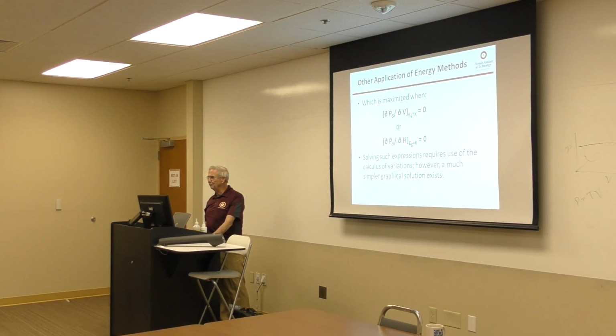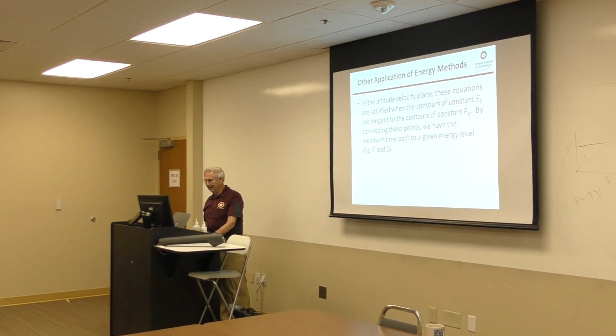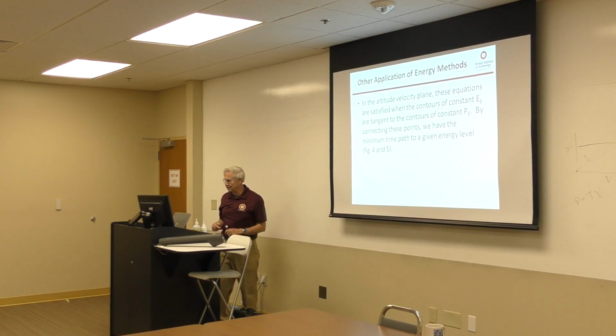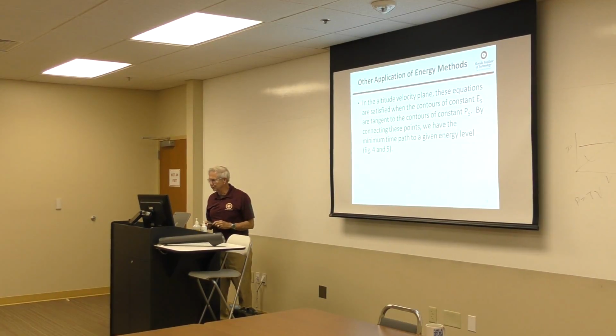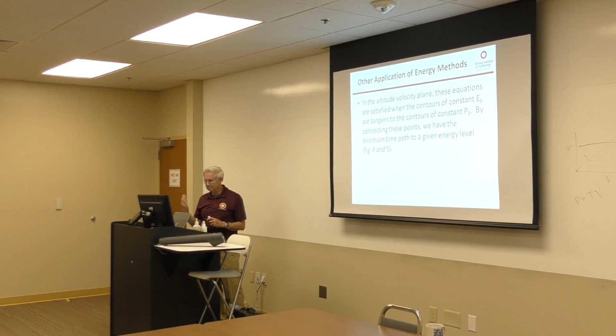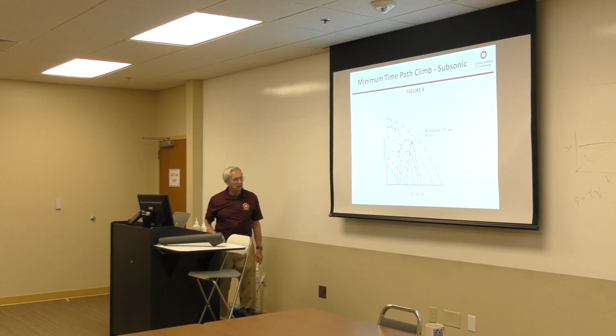Turns out there's a simpler method. In the altitude-velocity plane, those equations are satisfied when the contours of constant specific energy are tangent to the contours of constant specific power. And when we connect those points, we have the minimum time path to a given energy level, which we talked about a while ago.